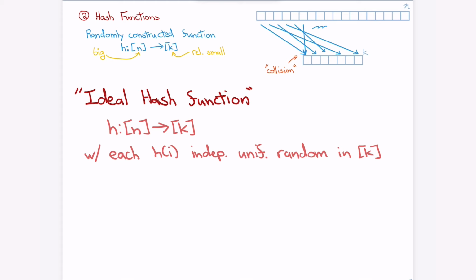So, what defines one of these functions? Well, you have to choose a number between 1 and k for number 1. That's k choices. And you have to choose a number between 1 and k for number 2. So how many choices is that? That's k more. So far, you're already up to k squared choices. So k to the n.